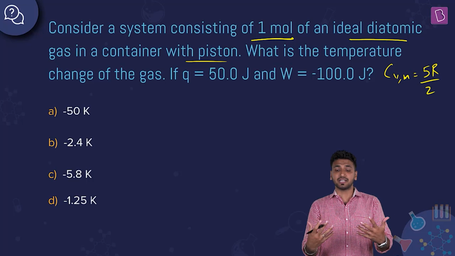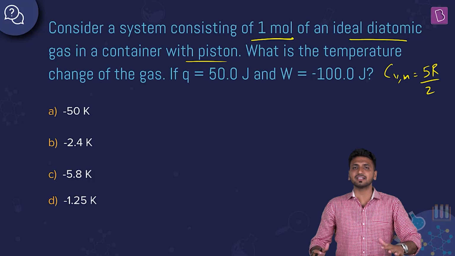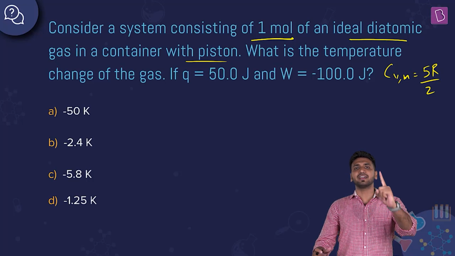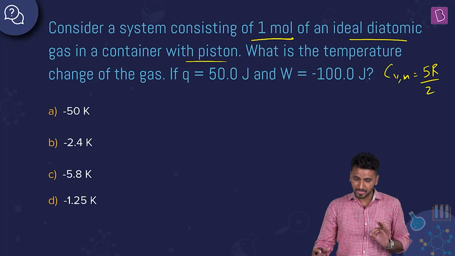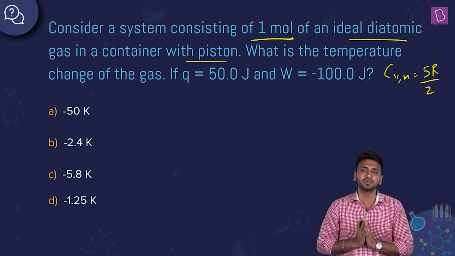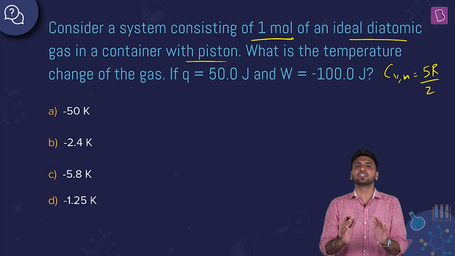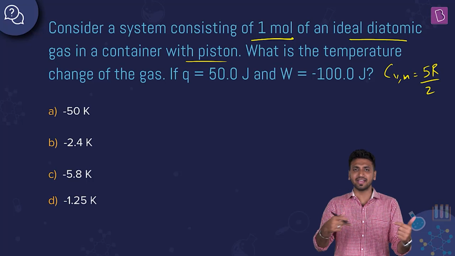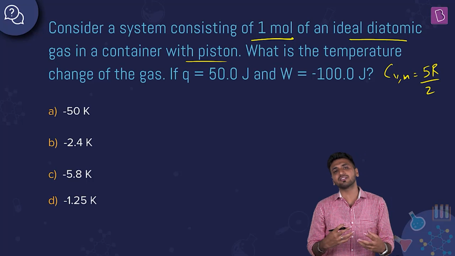Sir, how are you going to say that? Just explain this a bit further. So the formula for CV is F R by 2. And what is the F? F is the degree of freedom, right? For a diatomic molecule, there are 3 translational degrees of freedom, in the x, y and z directions, and 2 rotational degrees of freedom.